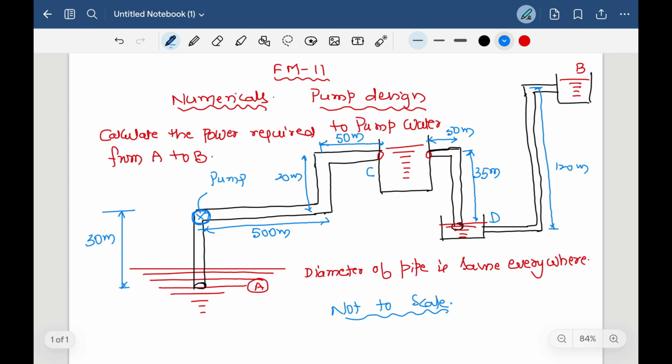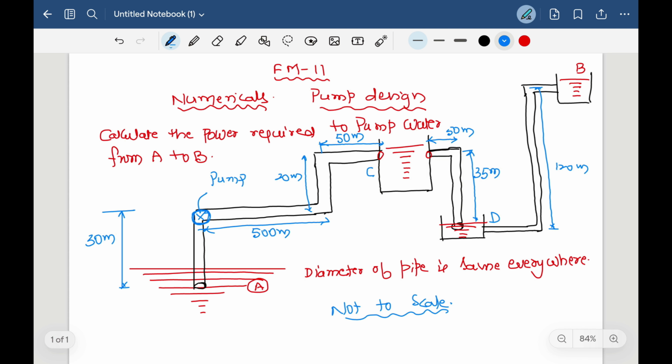From that reservoir again a 50 meter pipeline goes parallel, and again it comes down by 35 meters, and the water flows into another reservoir D, and from there to the final reservoir B, which is at a height of 120 meters from D.